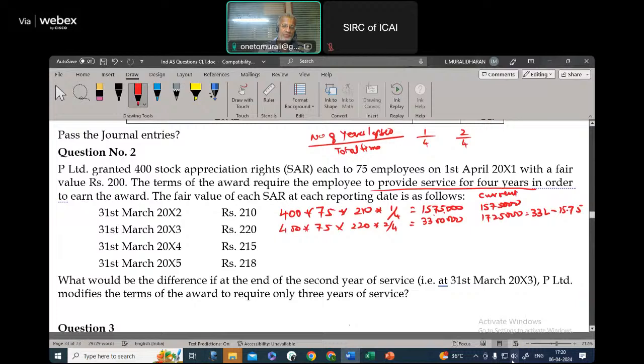Next one, 400 into 75 into 215 into 3 by 4, which is 48 lakhs 37,500, minus 33 lakhs, so it comes to 15 lakhs 37,500. How come? 48,37,500 minus 33 lakhs.